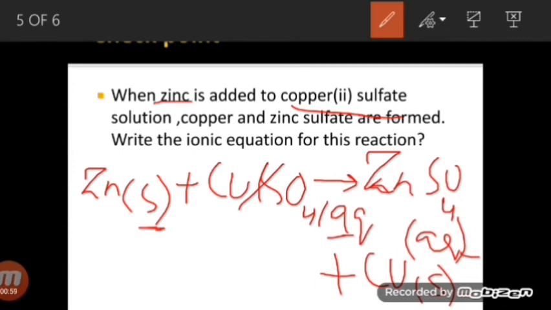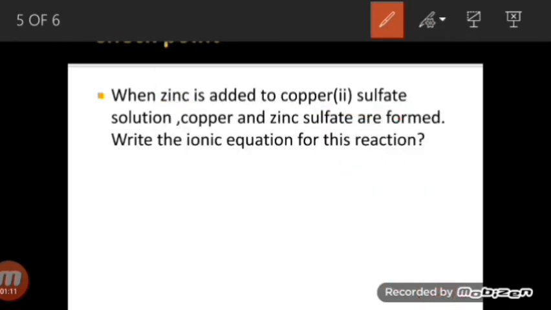Rewrite the equation in terms of ions for the substances in the aqueous state. Now let's write this equation in terms of ions. So for that, how are we going to write it? Zinc is a metal, it will be in the solid state, it can't be changed. We can't write the ionic state of zinc, but copper can be written.